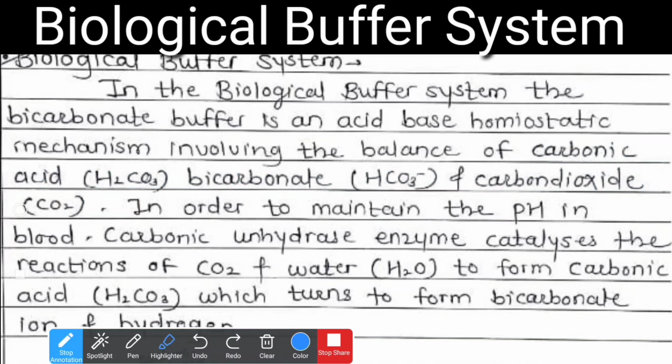Now, in order to maintain the pH in the blood, the carbonic anhydrase enzyme catalyzes the reaction of CO2 and water.